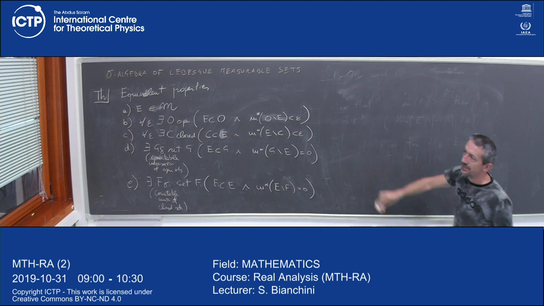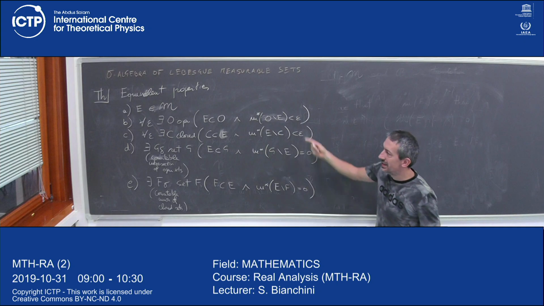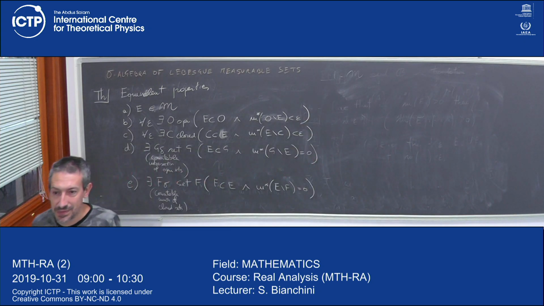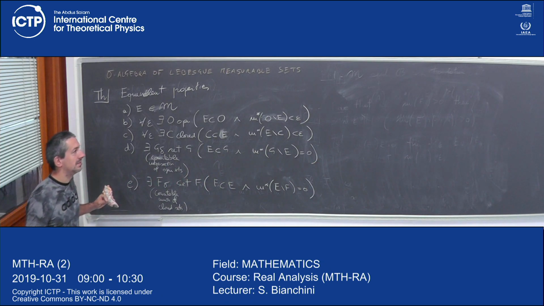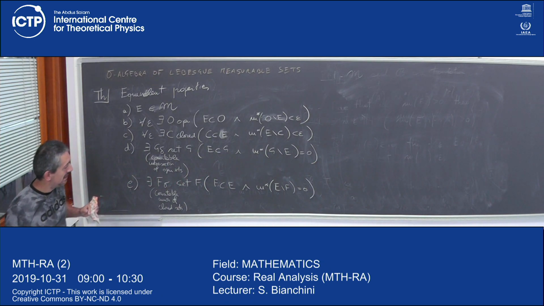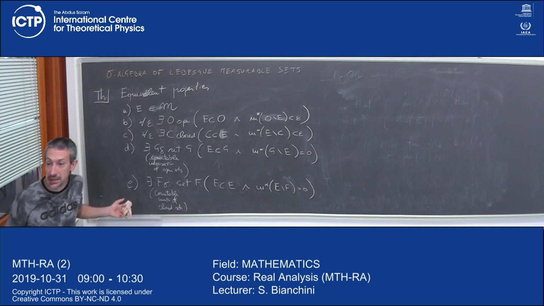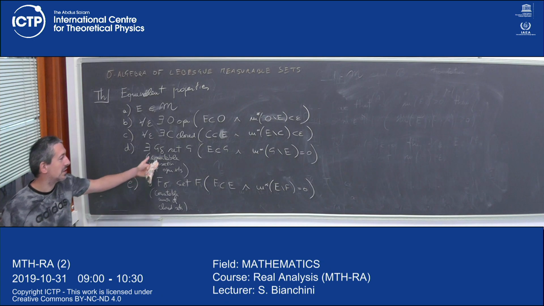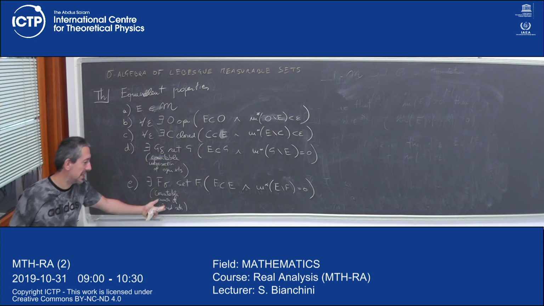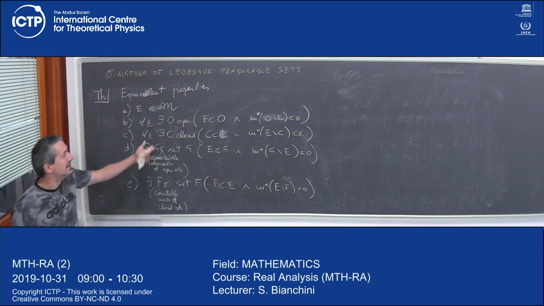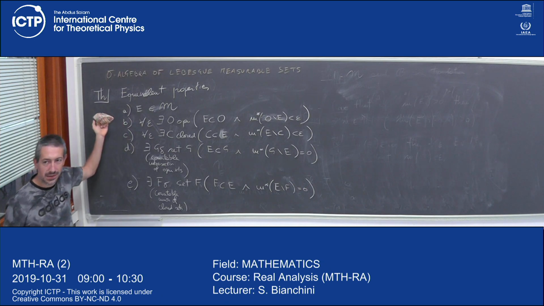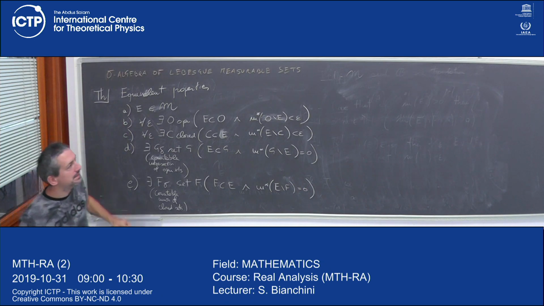B and C are just inverted, and D and E are just adjusted by complement, because the complement of a countable union is a countable intersection of closed, open, closed sets. So let's now prove A, B, D. They are equivalent. Okay?